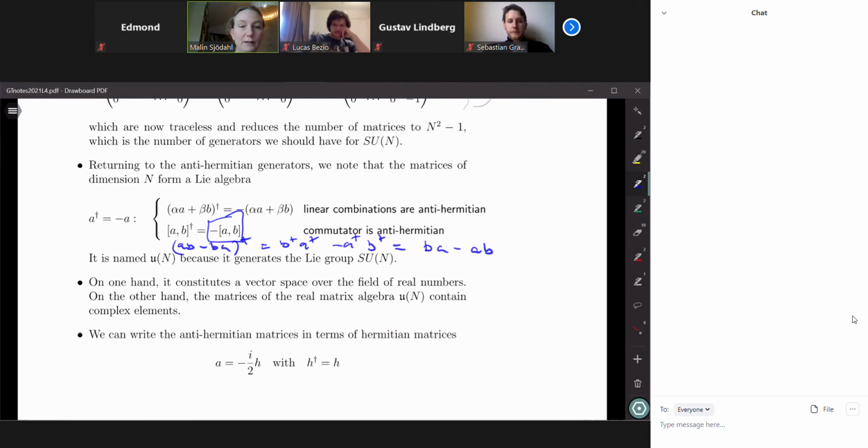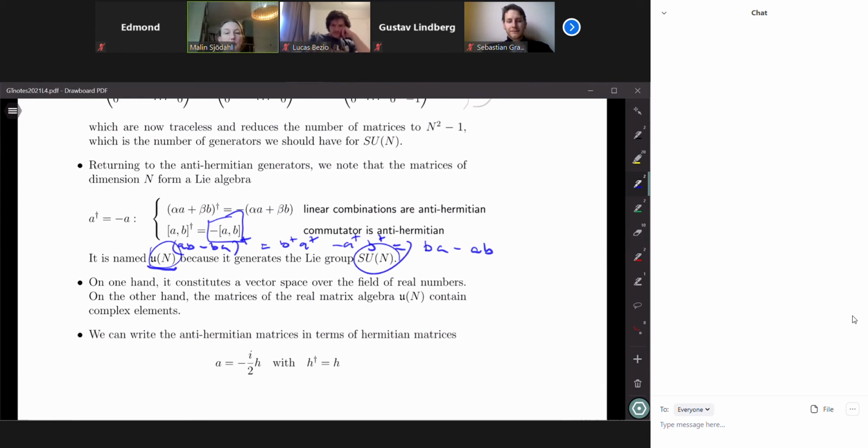Taking all the matrices, we have the U(N) algebra, and if we confine ourselves to matrices which are traceless, we have the SU(N) algebra. It appears to be some sort of typo here, because it should not be U(N) in one place and SU(N) in another.